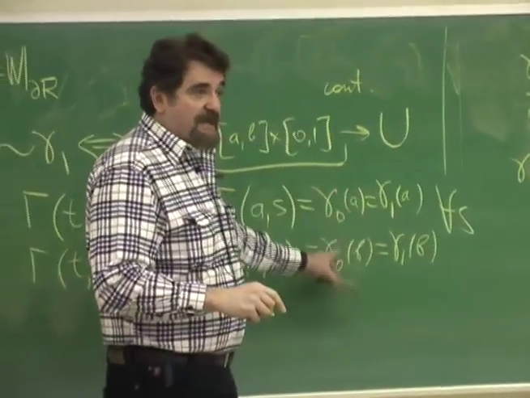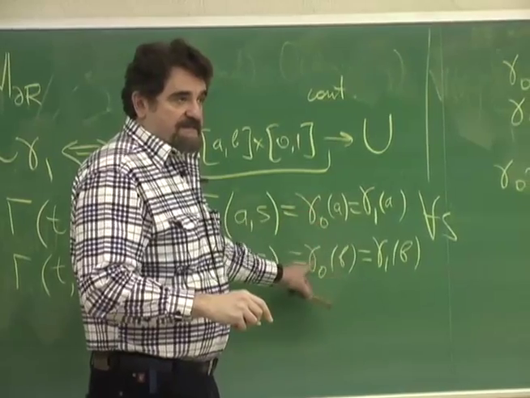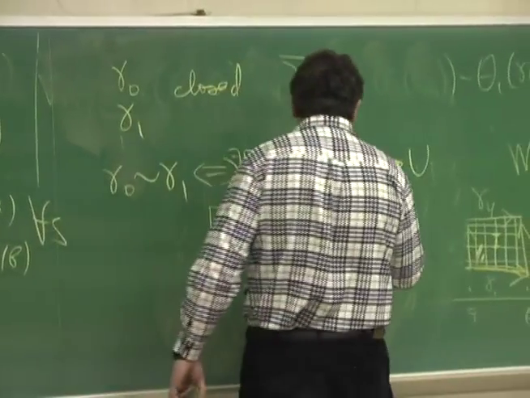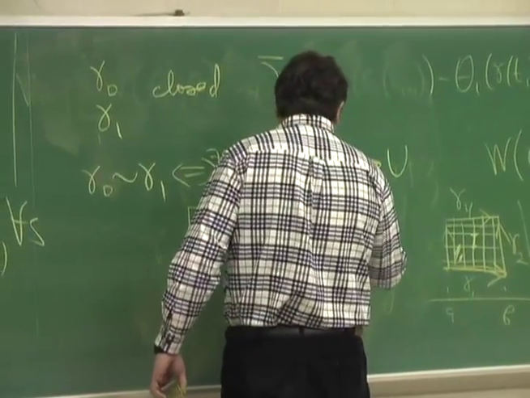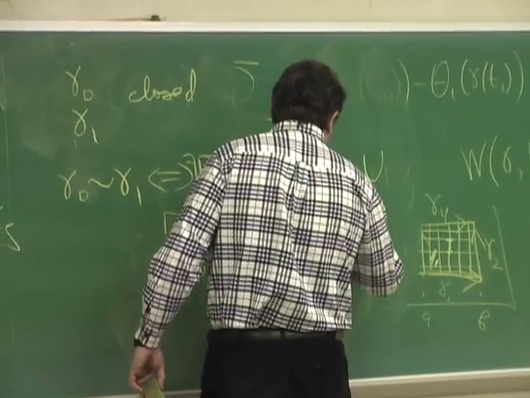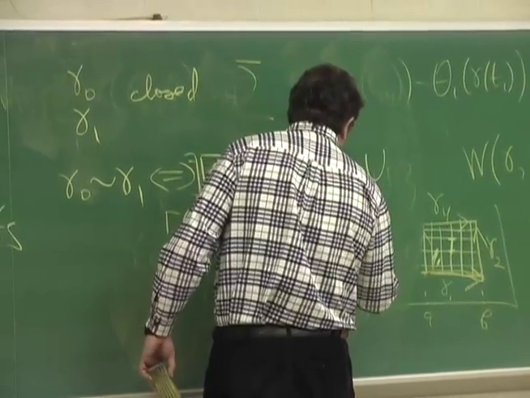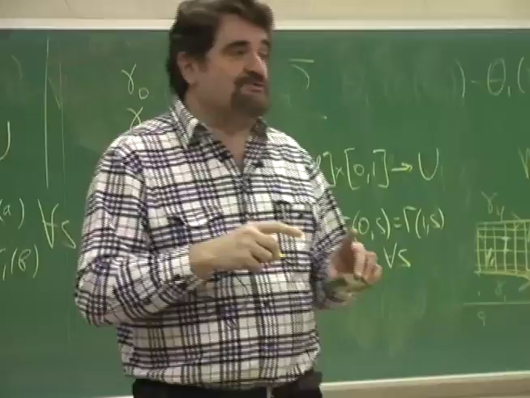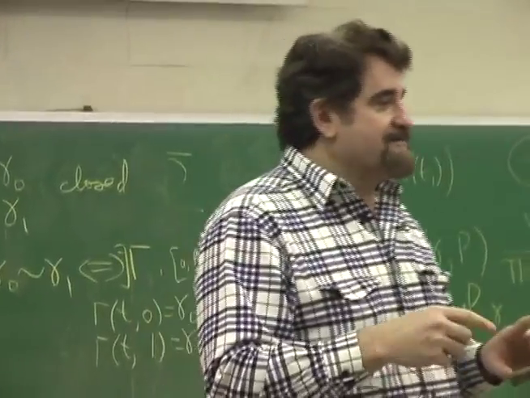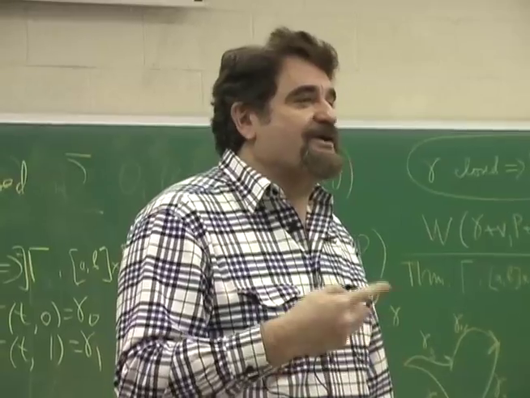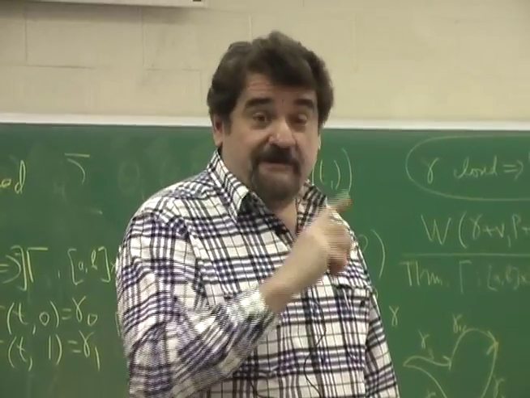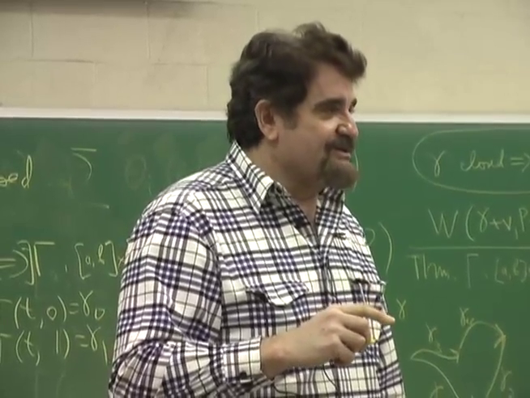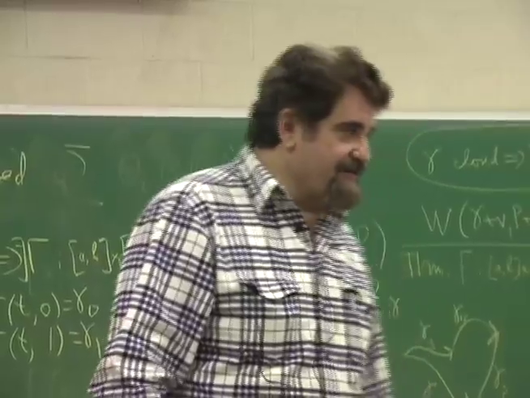But now I do not have fixed endpoints. Instead, I require that gamma of (A, s) is gamma of (B, s) for any s. So all intermediate curves are also closed. For a closed curve, the notion of endpoints is not very well defined, so I better not require anything.